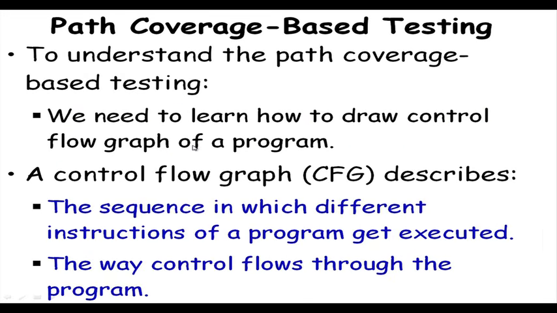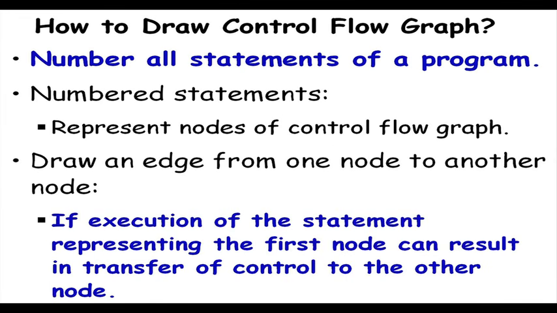So, here as we know, the control flow graph represents the sequence in which the different instructions of a program get executed, or in other words, the way control flows through the program. So, this we represent in the form of a graph, but then how do we draw the control flow graph? Drawing a control flow graph is very easy if we understand it well.